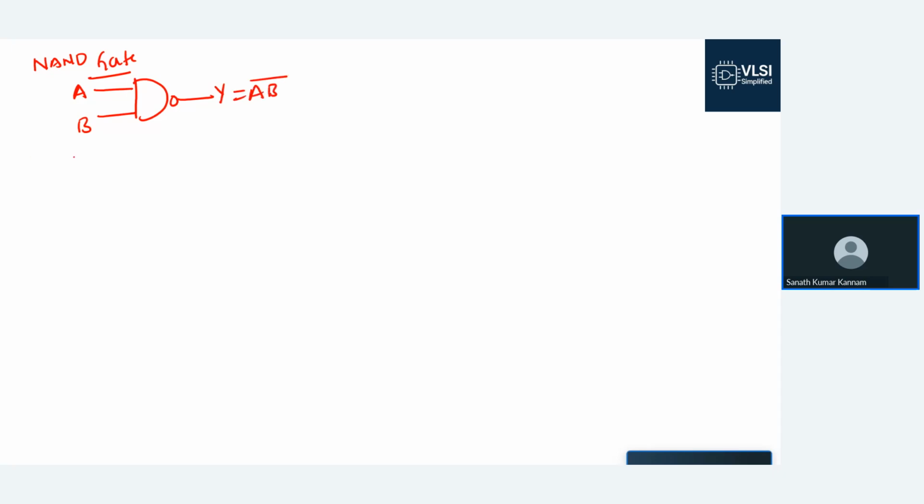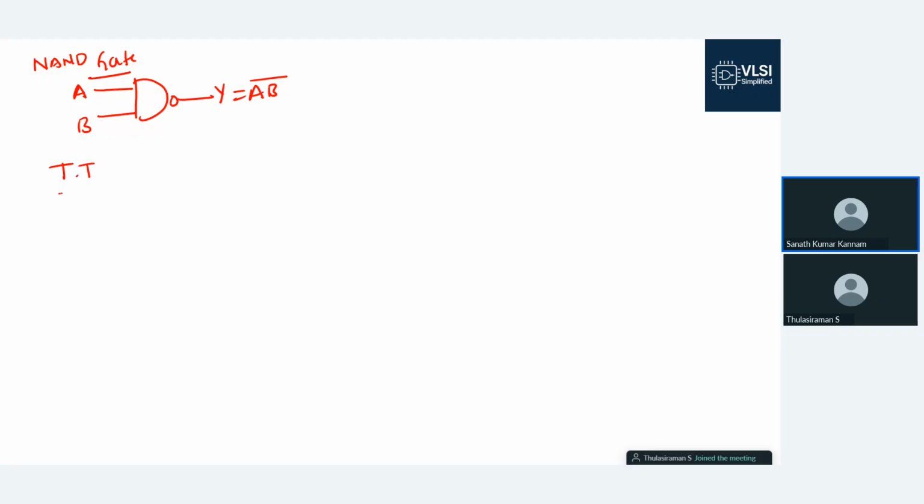So if you see the truth table, the inputs are A, B, and the output is Y. Four possible combinations: 0, 1, 1, 0, 1, 1. So it is just the opposite of the AND gate. That means if any of the input is 0, the output is 1, and otherwise the output is 0. This is the truth table for the NAND gate.